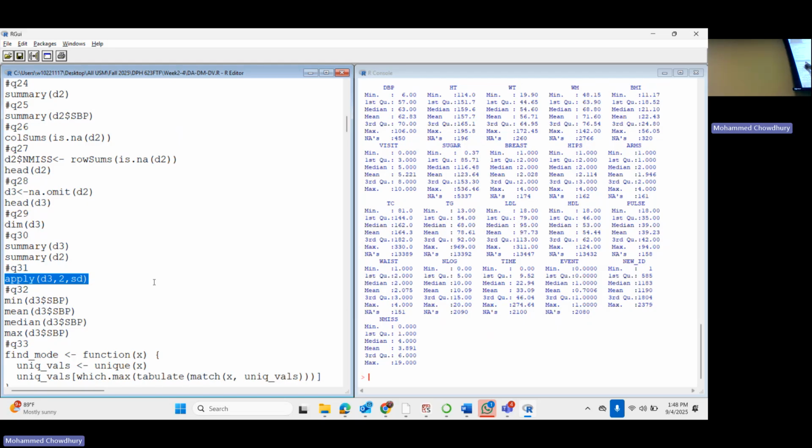But if I plug in 1 here, then it gives the standard deviation for each row. Standard deviation for each row does not make sense, because systolic blood pressure, diastolic blood pressure, race, income, height, and weight are different variables. Standard deviation of systolic blood pressure makes sense. Standard deviation of height makes sense. Understand?